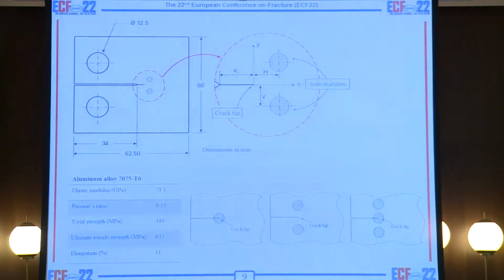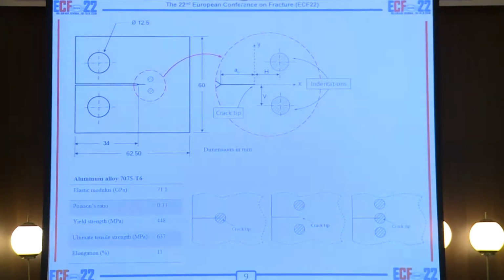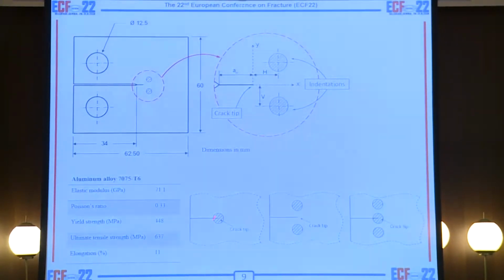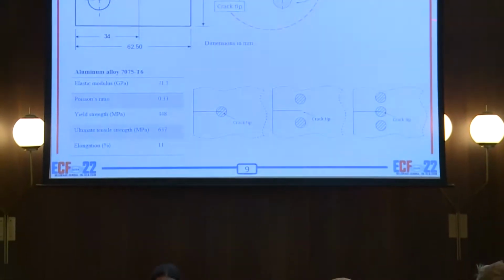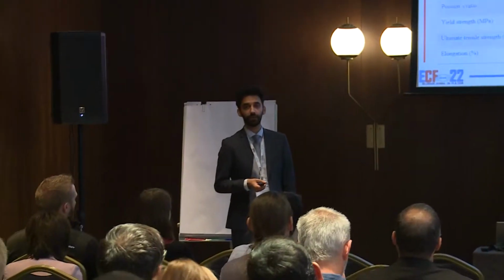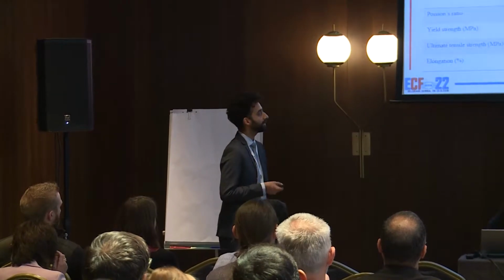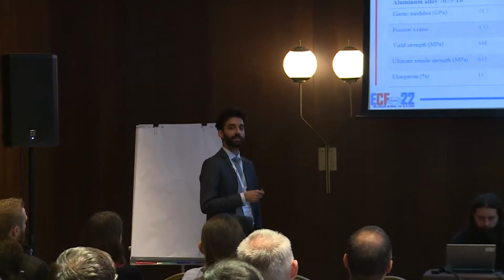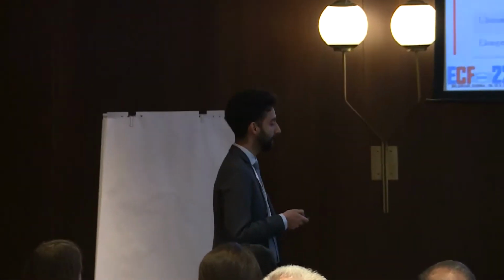We have considered some CT specimens made of aluminum plates with a thickness of 4 millimeters and three different configurations of indentation. As you can see in this picture, we tested crack tip indentation, crack flank indentation, which is double indentation on both sides of the crack, and triple indentation at the crack tip and on both sides.